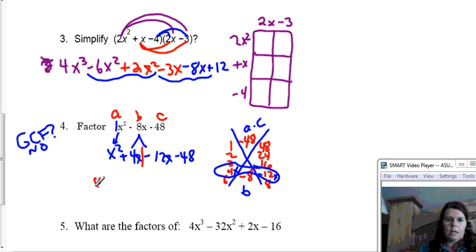Take out an x. I call it taking it out, and that confuses some people, but that's just a GCF of x. Divided by x, divided by x: x plus 4. The GCF over here is negative 12.